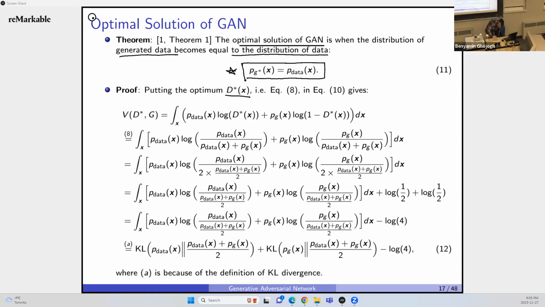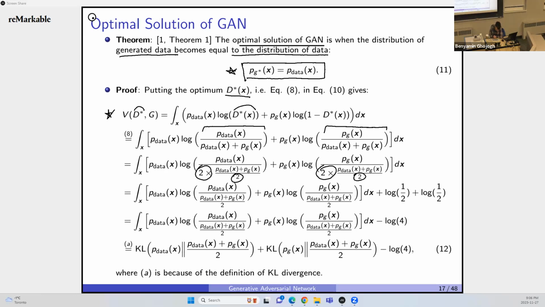Do you remember? This is VDG, but for D star. This is a loss, but for D star. So rather than D star X, I put what we had in the previous theorem. Now you tell me. Can I say this in the denominator? I write it as times 2 divided by 2. Equivalent, right?